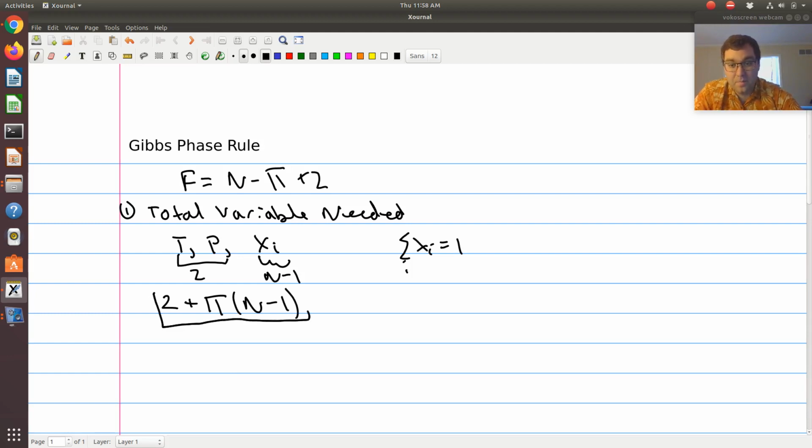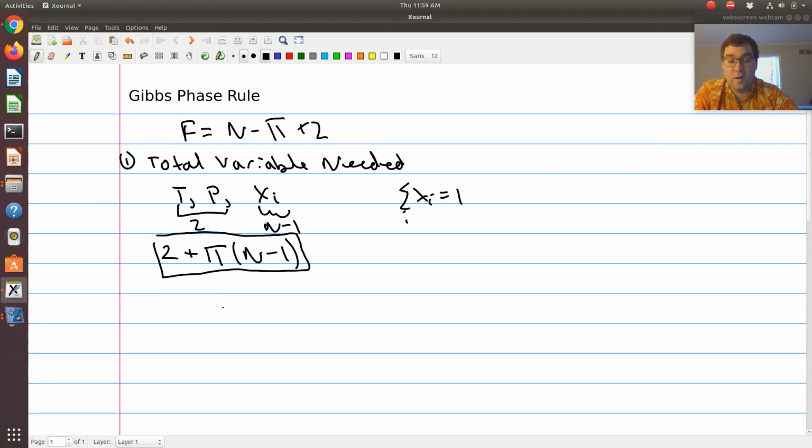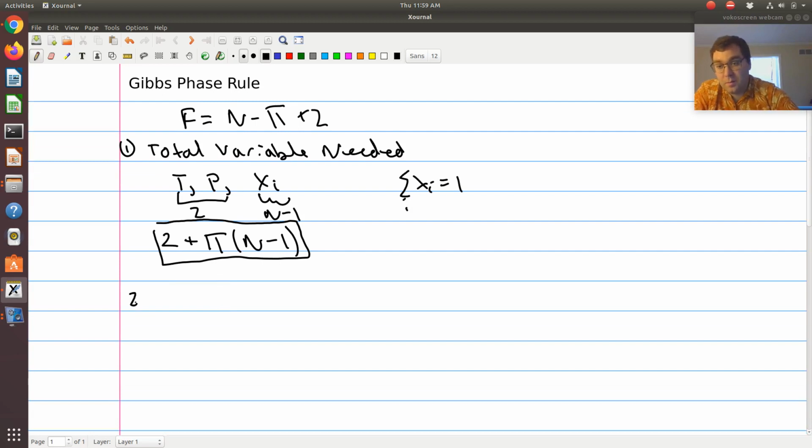Again, in each phase, I need to specify n minus 1 mole fractions because I need to pin down the composition of that phase. Only n minus 1 of the mole fractions are independent, because I know that the mole fractions have to sum to 1. Okay, cool. So the total variables I need are 2 plus pi times n minus 1. Okay, so that's step 1. Step 2 is our constraint equation.